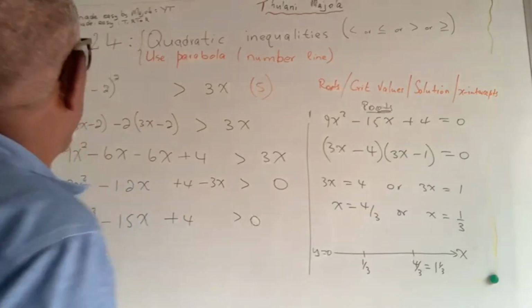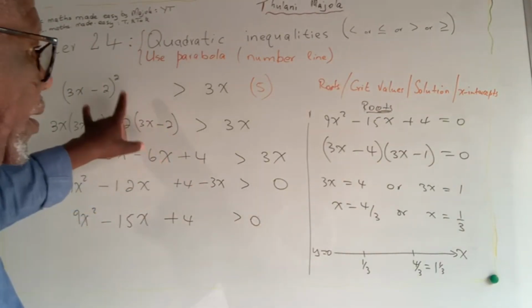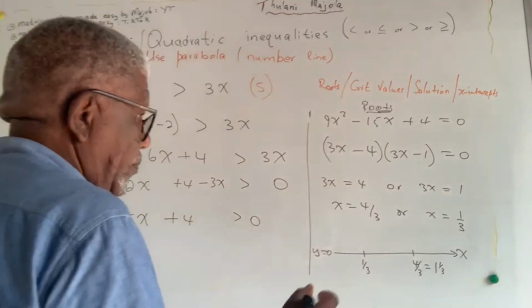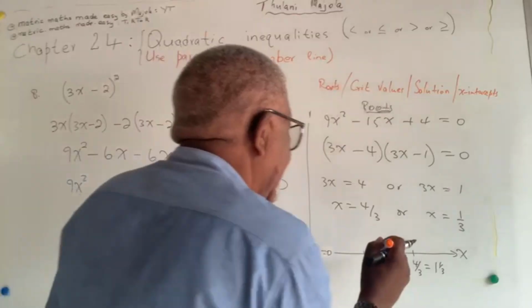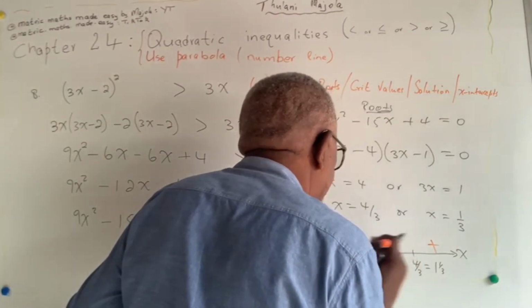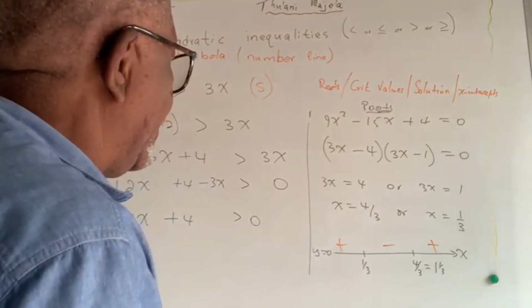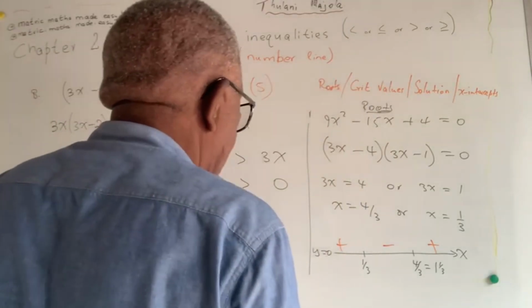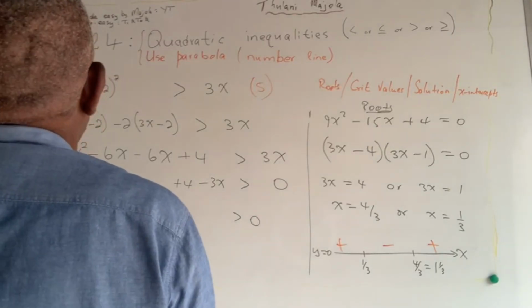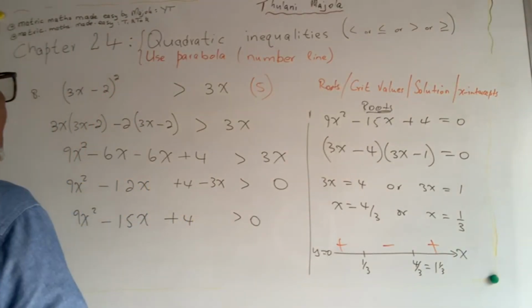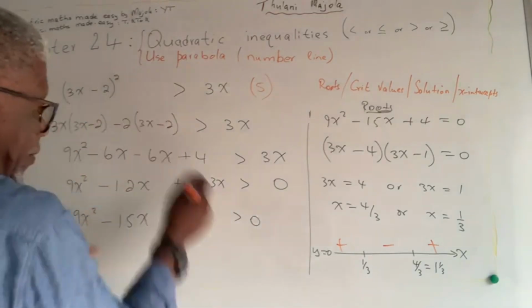What is the question? The question is, when is this greater than 0? You must always remember, in between is negative, start with the positive and the positive. And your coefficient of x squared is positive 9, of course. So the solution is, I will write the solution here, but you don't write it there, you write it at the bottom.